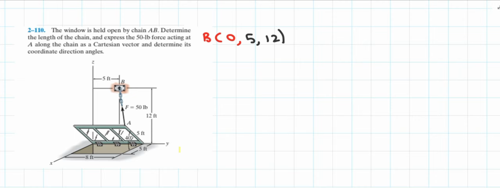Now what about the location of point A? If you see carefully, at point A there is an angle mentioned, 40 degrees, and this 40-degree angle is measured from the positive x-axis. This is our positive x-axis, the red one. I think there's so much mess here, so I'll draw it again.